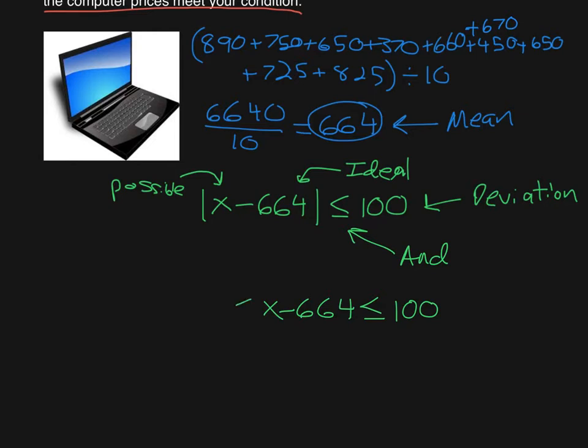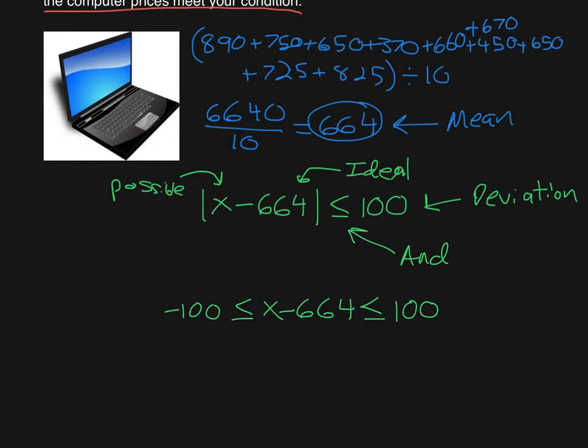It is also greater than or equal to negative 100. And we can think about what this means. This distance between the possible price and the ideal price could be positive 100, meaning x could be $100 more, or the difference could be negative 100, which means x would be $100 less.